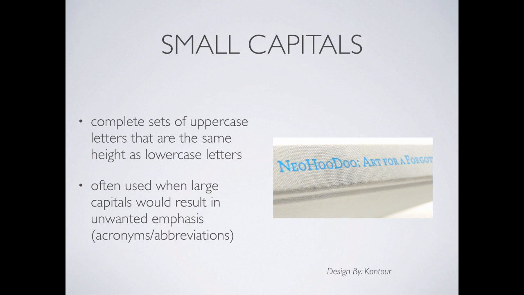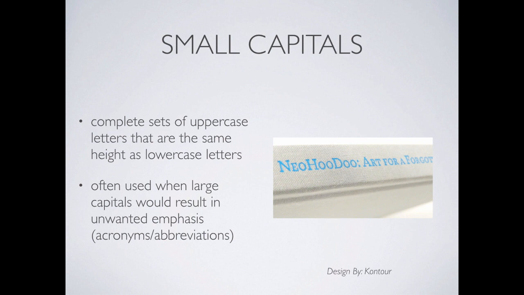Small capitals are a complete set of uppercase letters that are the x height of your letters. So instead of having full height capitals up to the cap line, you shrink the letters down so that they're the height of the x height. The value here is that you're not providing overemphasis for an acronym or something.